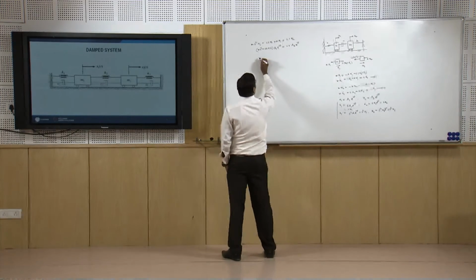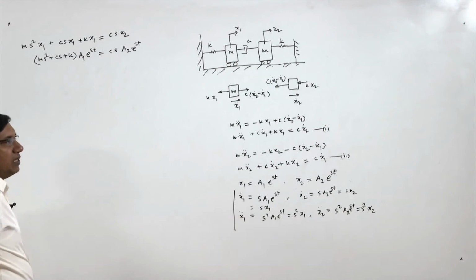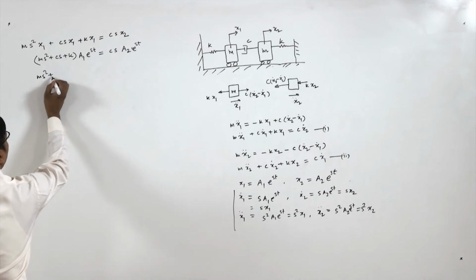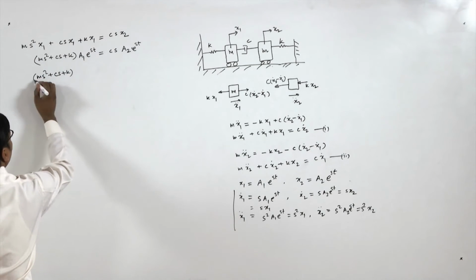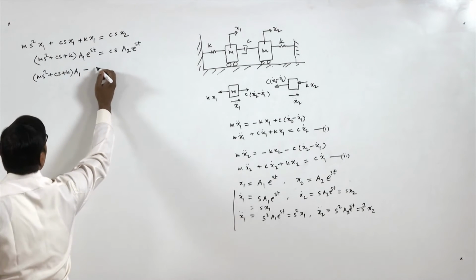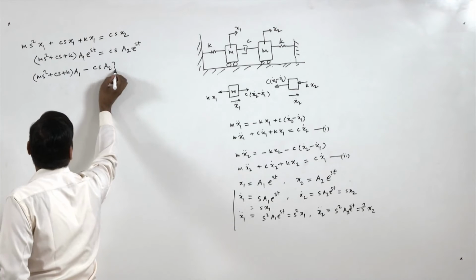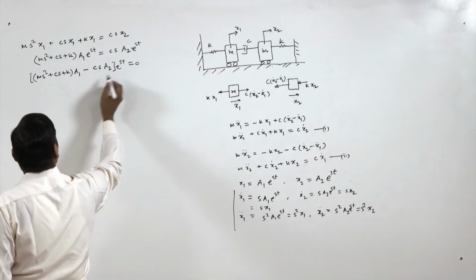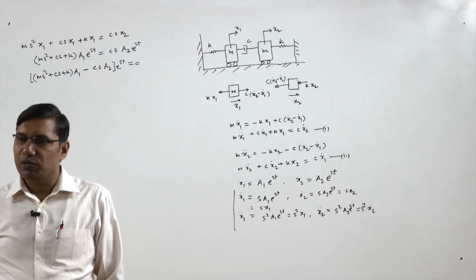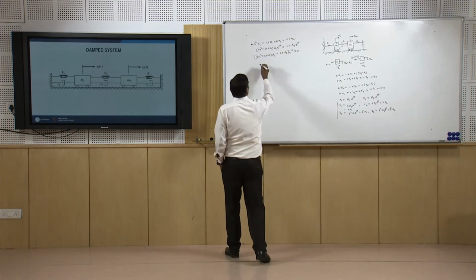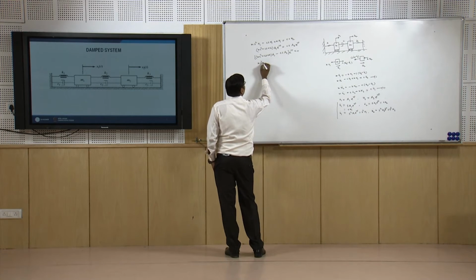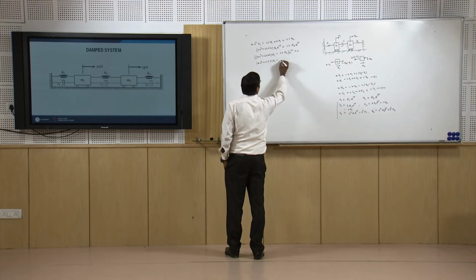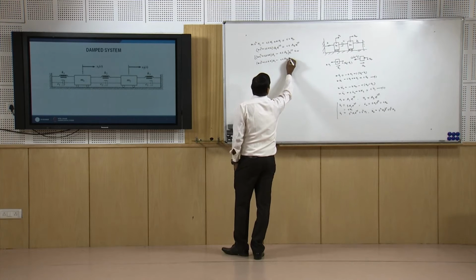So, of course, because of e power st, we have (m s square plus c s plus k) a1 minus c s a2, times e power st, equal to 0. Of course, e power st is exponential, it can't be 0. So, we have to write (m s square plus c s plus k) a1 minus c s a2 equal to 0.